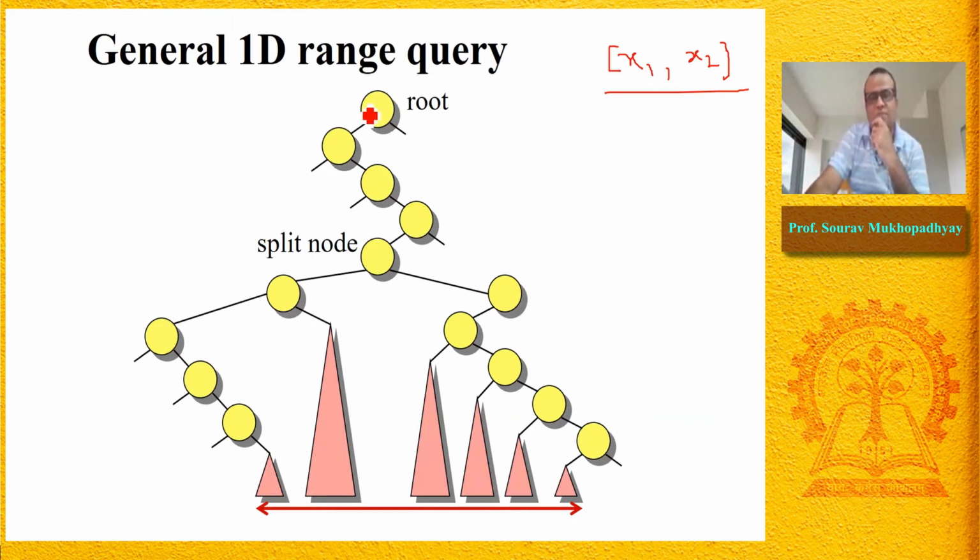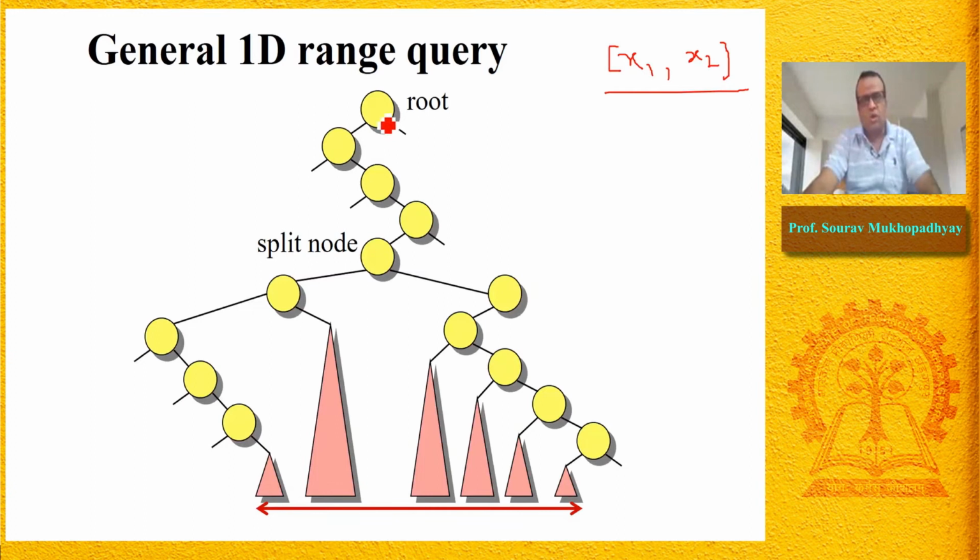If the key value of this root is greater than x2, then there will be nobody in the right. This key value is the maximum point in the left subtree. So if the maximum is less than x1, that means there will be no interval which can overlap, then we go to the right. Otherwise we go to the left.